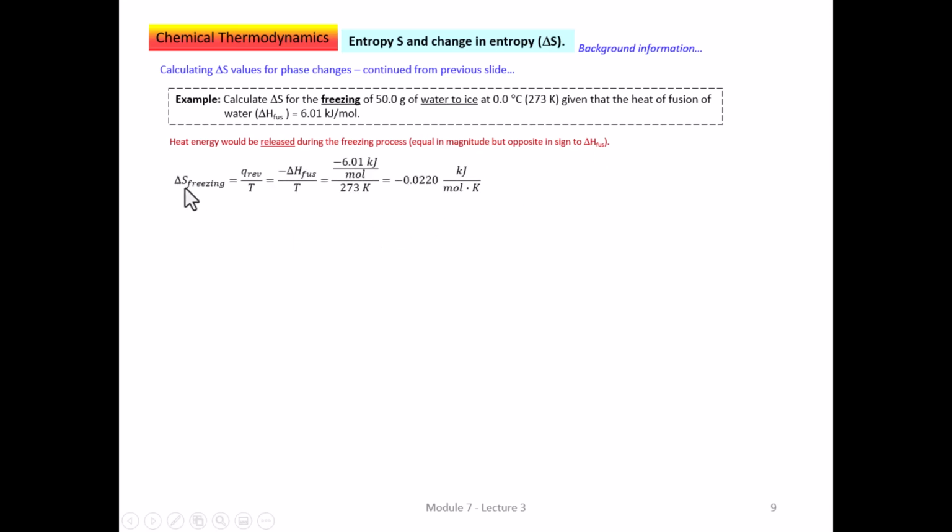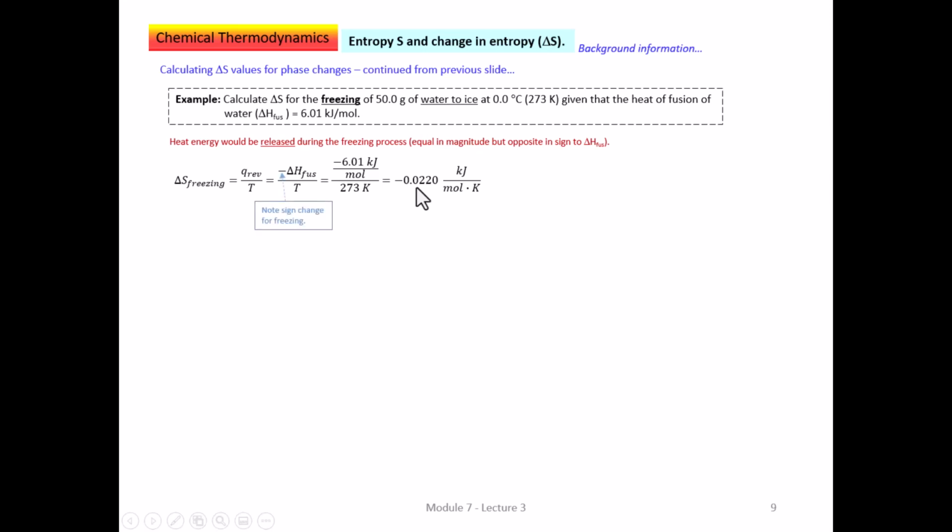So when we set up our example, it's the exact same calculation we did for the melting of ice to water, but now we're going from water to ice. So we put a minus sign in front of the delta H of fusion. We reverse the sign, so we get exactly the same number for delta S but opposite sign as we did for our previous example where we were looking at the melting of ice to water.